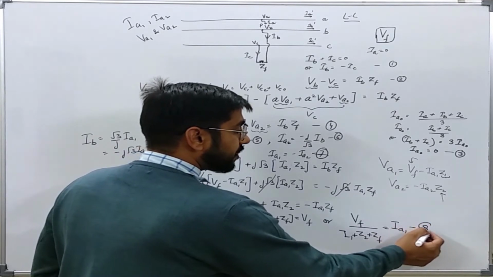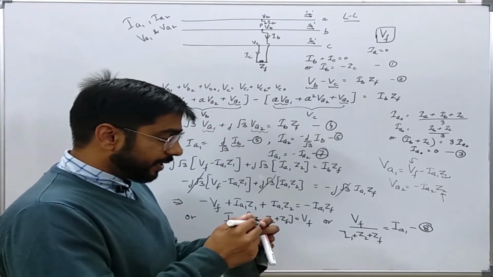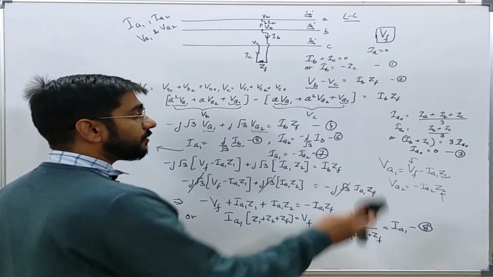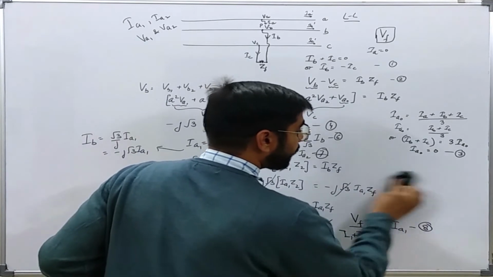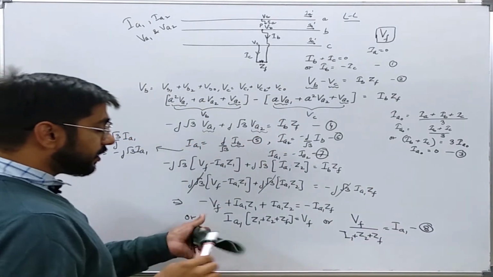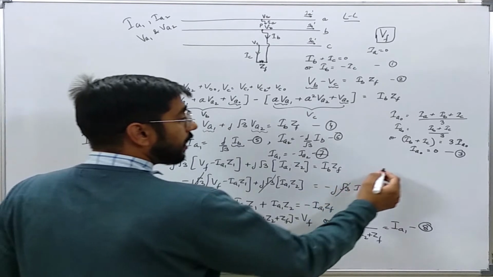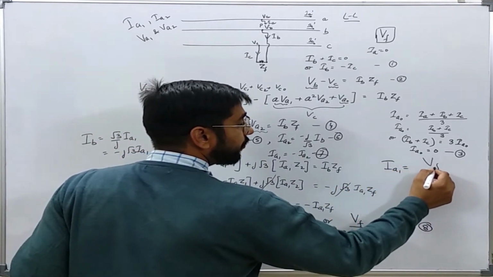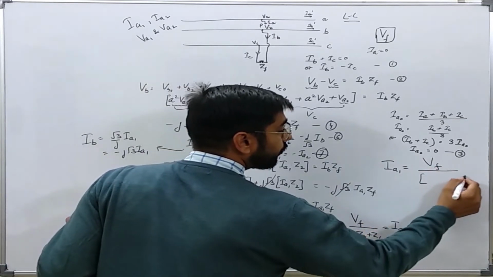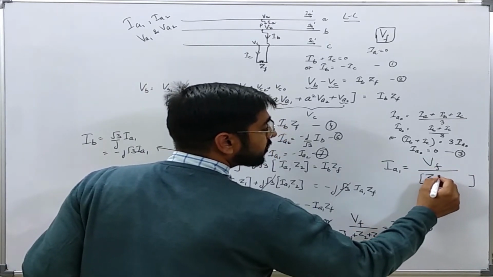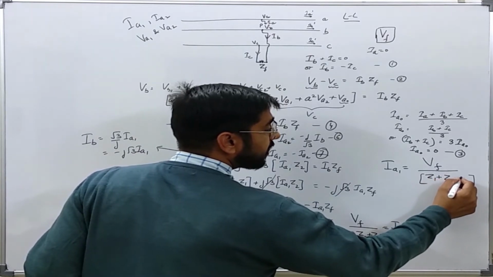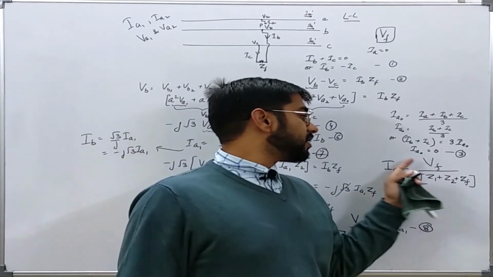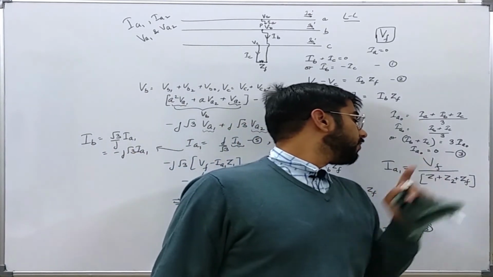Now this is one important relation which is giving us some idea about the interconnection of the positive sequence and the negative sequence network. What does it show? It shows that IA1 is the ratio of the pre-fault voltage and the total impedance in the network: the positive sequence impedance, the negative sequence impedance, and the fault impedance. So these should come in series with respect to this pre-fault voltage.